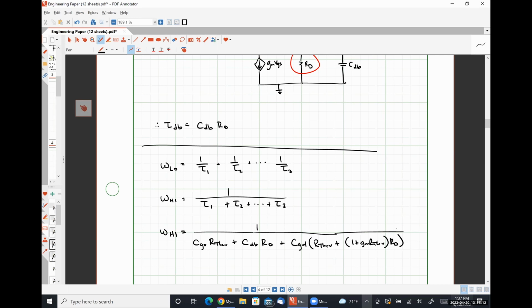Effectively, you could use the method of short circuit time constants to tell you where the midband begins, the method of open circuit time constants to tell you where the midband ends, and take the difference of those two things to give you a good estimation of the bandwidth of your amplifier. That's what this concept is used for: estimating our bandwidth to say whether or not our excitation frequency of interest will result in good amplifier behavior for us, not any actual characteristics of the response in those regions.